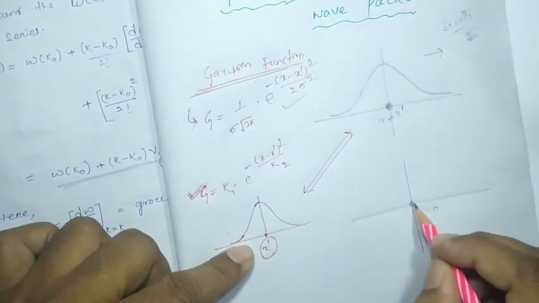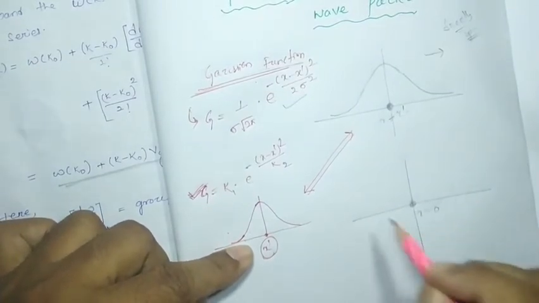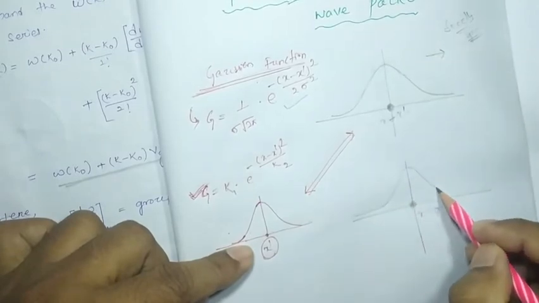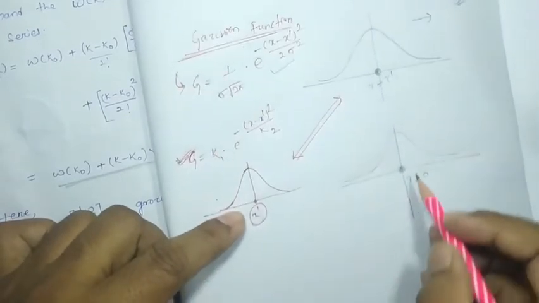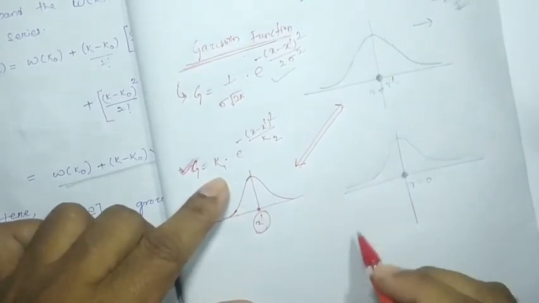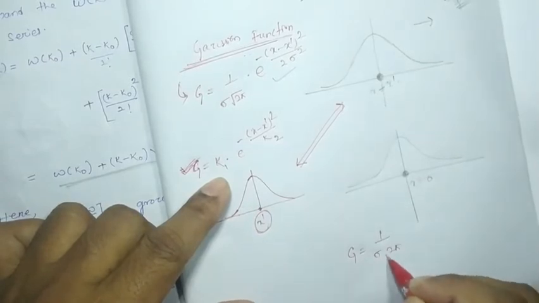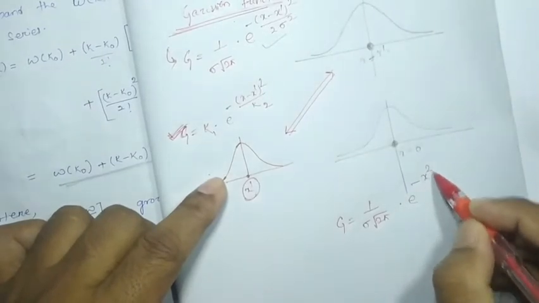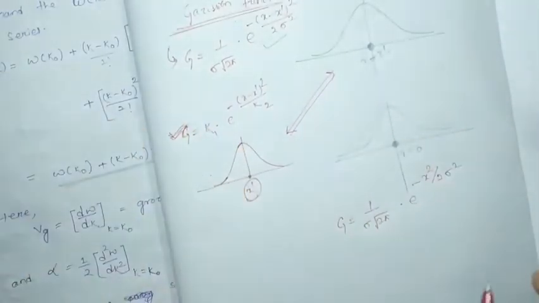If we write the Gaussian function of the particle, whose real part of the wave function will be like this, and the particle is at the origin, then its Gaussian function will be written as g equal to 1 over root of 2 pi sigma squared, into e to the power minus x square by 2 sigma square.